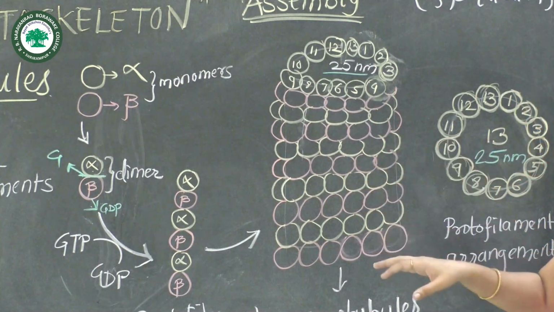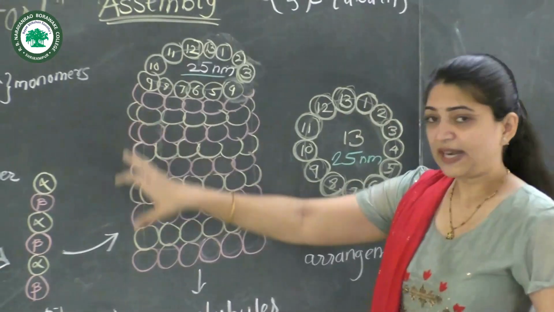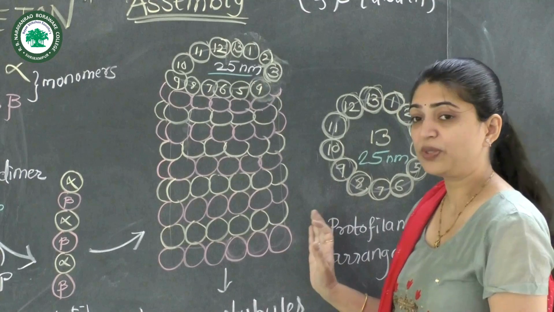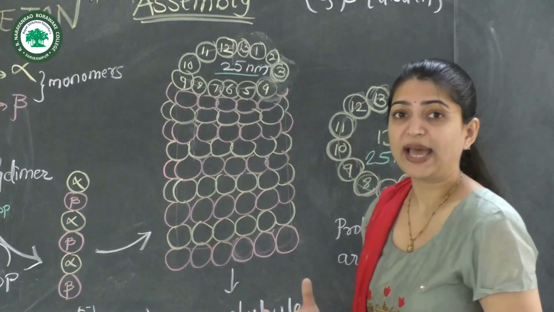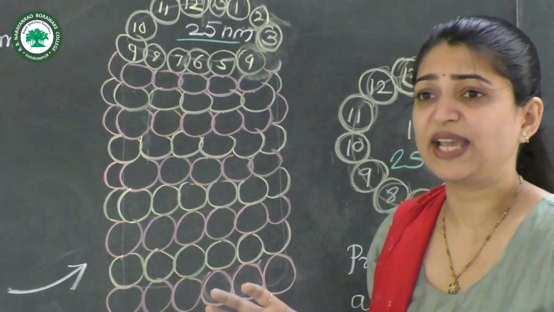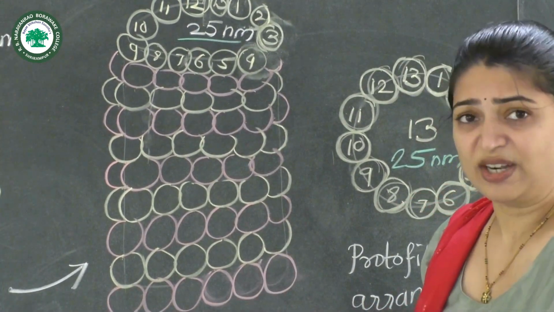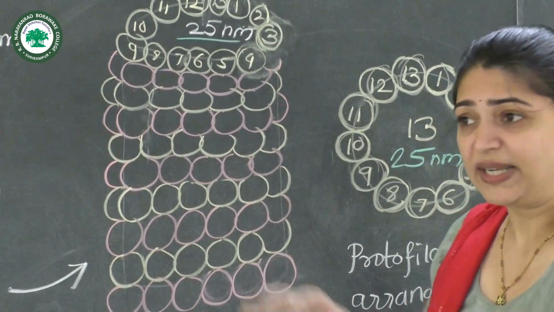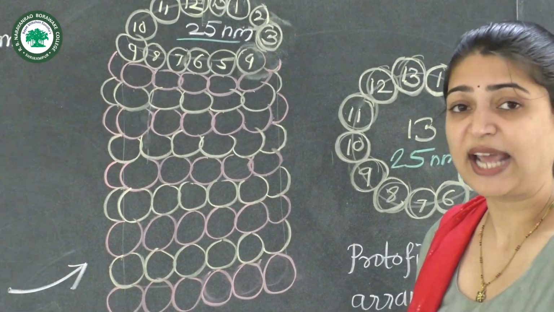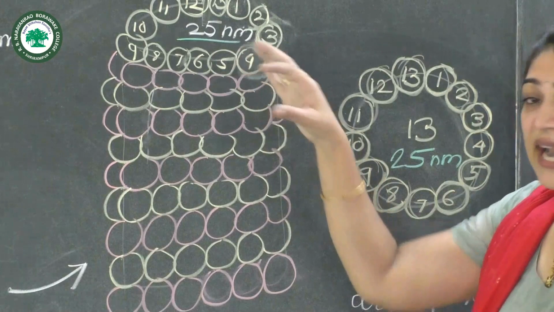Along with this, I would like to tell you that the microtubule structure maintains polarity. It gives some kind of polarity, though it doesn't have any connection with charge. There is no charge, but the type of assembly gives polarity, because assembly takes place at one end.